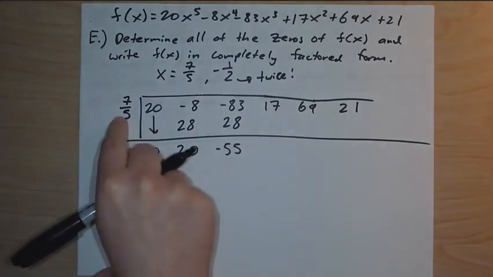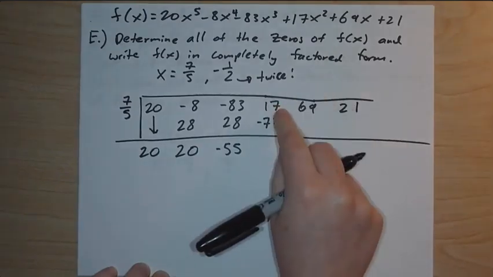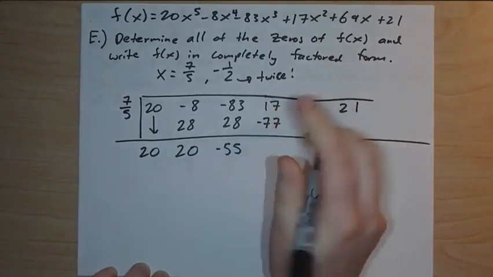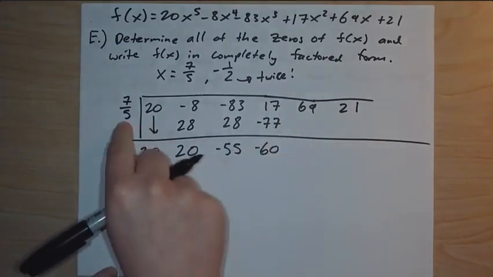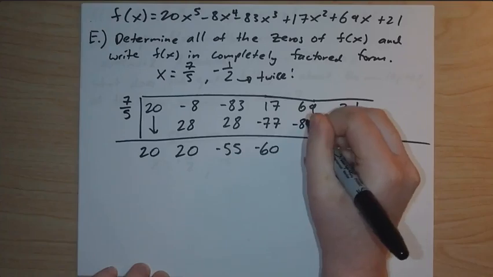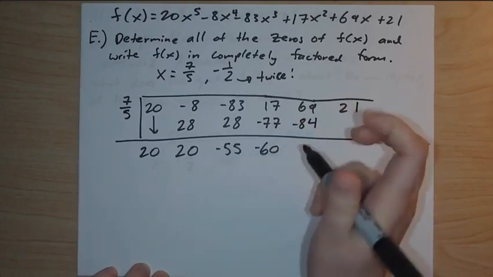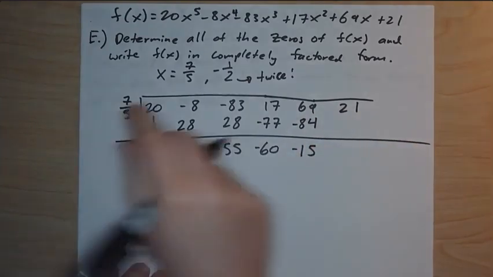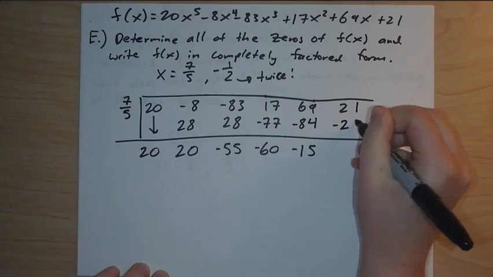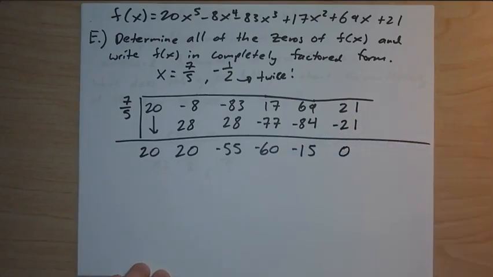Negative 55 times 7/5 is negative 77. And then again, adding 17 and negative 77, we get negative 60. Negative 60 times 7/5 is negative 84. Then adding 69 minus 84, we get negative 15. And then negative 15 times 7/5 is negative 21. And then 21 minus 21 is 0.